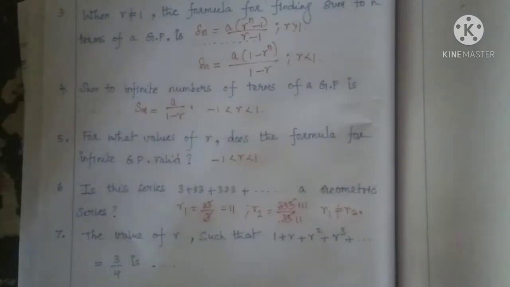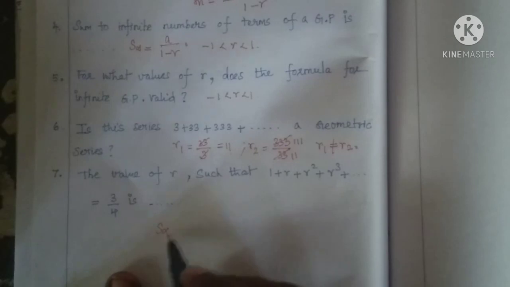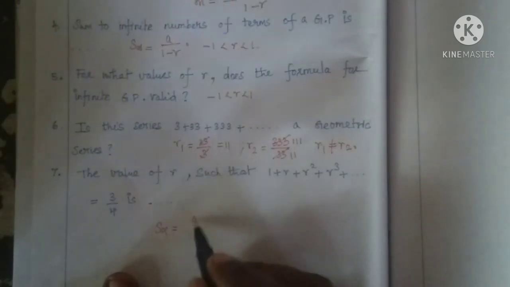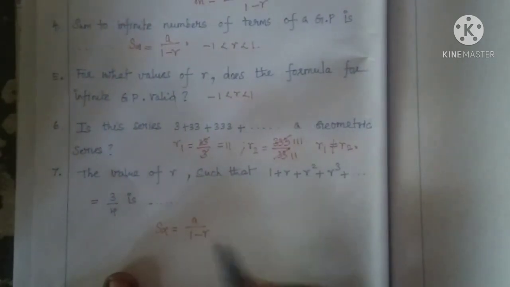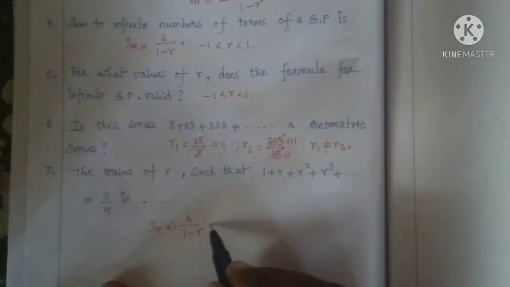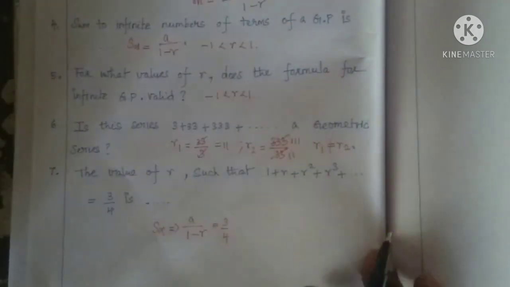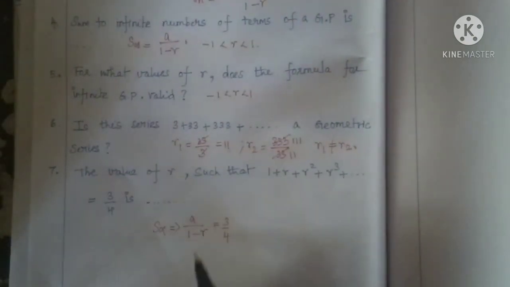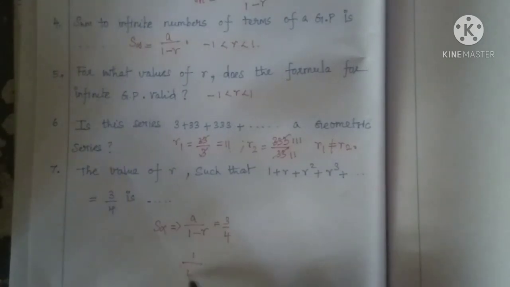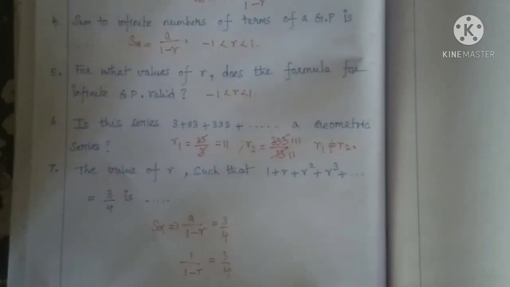So this is S infinity, and S infinity equals a by (1 minus r). The value is given as 3 by 4, so replace the values: a equal to 1, so 1 divided by (1 minus r) is equal to 3 by 4.